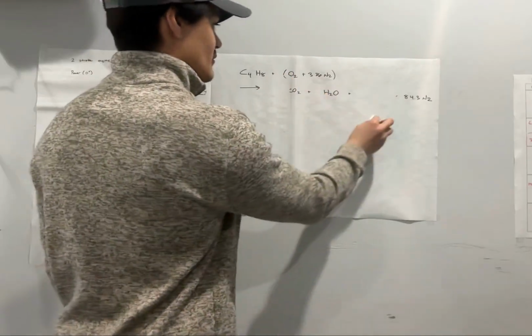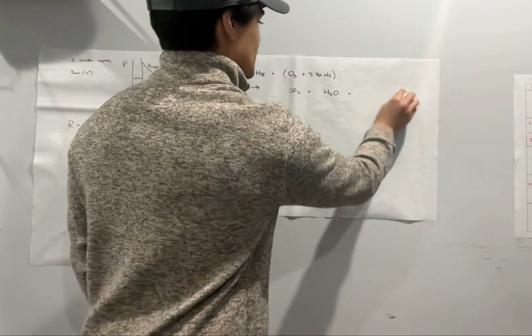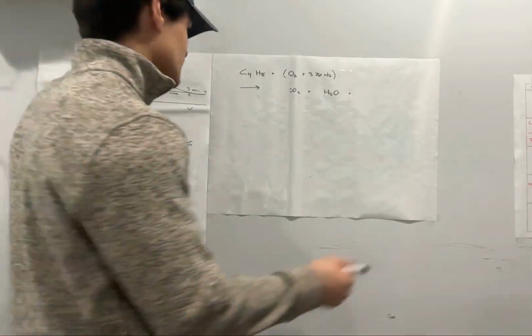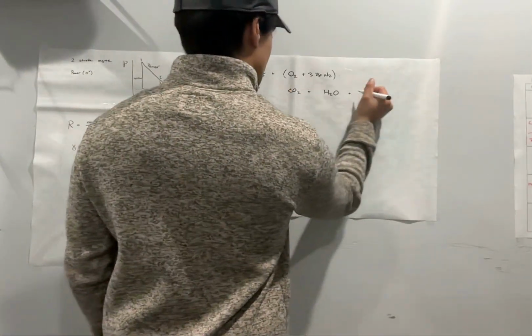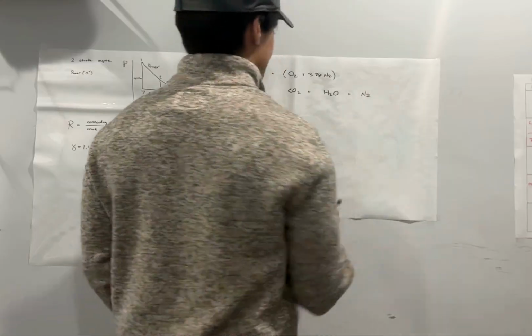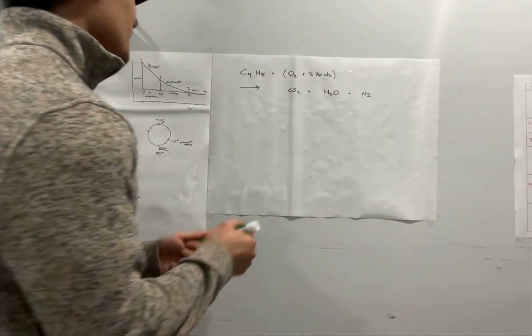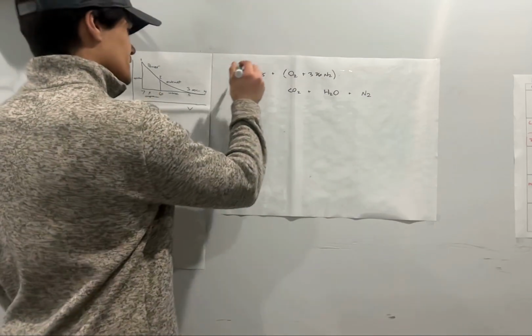So I'm going to get rid of all the numbers in the front. Get rid of nitrogen for a second. So this is N2 here. And then let's redo this. So we have 1 in the front here.